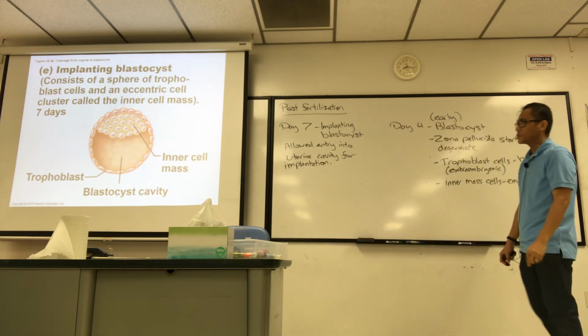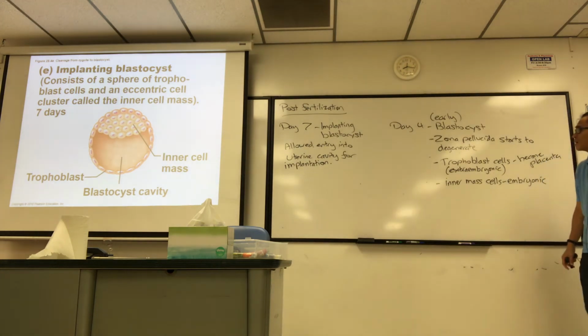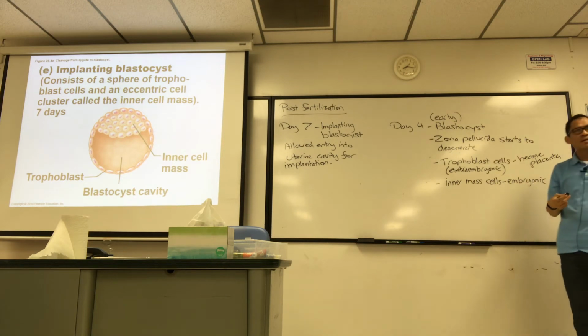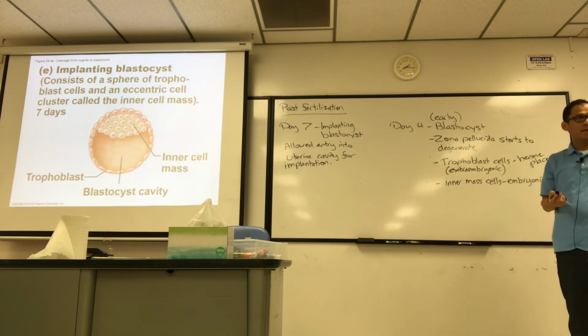So when you're getting close to the uterine cavity, that's usually why you had that hatching a few days earlier, because you start to get exposed to the fluids of the uterine cavity, and that helped the hatching occur.